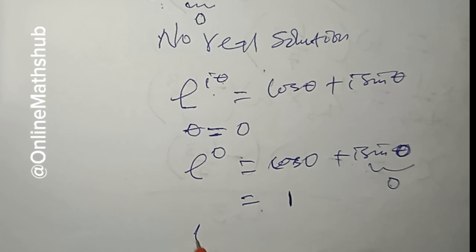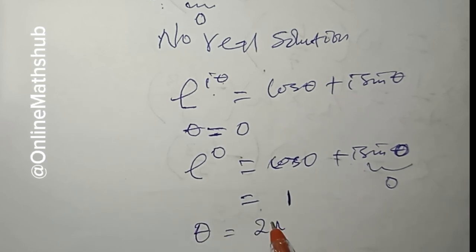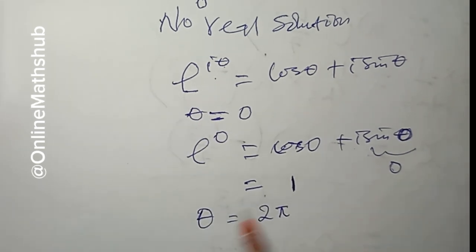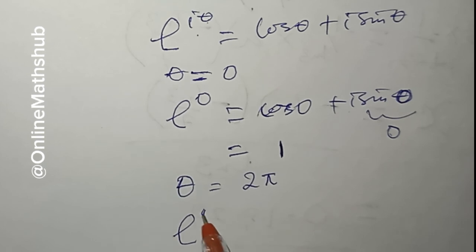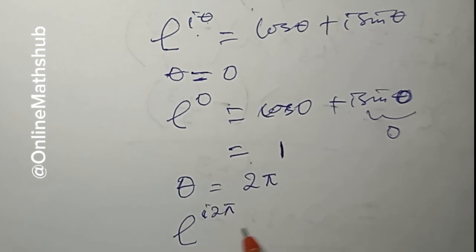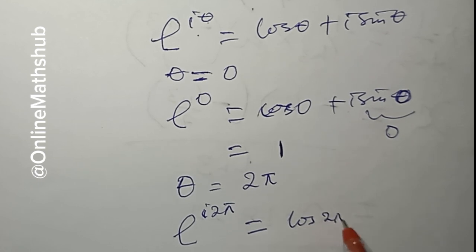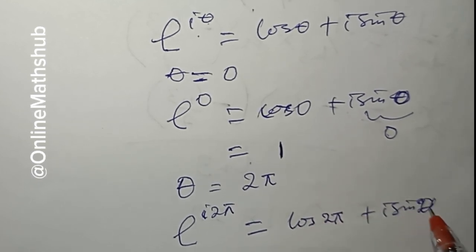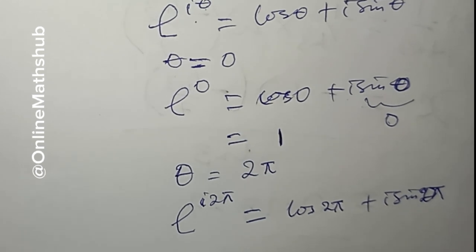We can also consider another one. Let's say theta equal to 2 pi. If we put that right there, we have exponential i 2 pi, which is equal to cos 2 pi plus i sine 2 pi.